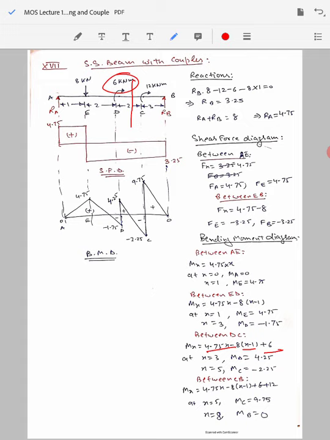You see it comes with a positive sign, because the moment due to RA is considered positive, the clockwise direction has been considered positive here, and this 6 kilonewton meter couple is also acting in the positive, clockwise direction, so it comes with a positive sign here. You can evaluate it for X equal to 3 and X equal to 5, that means for points D and C, and find the bending moment values for points D and C.